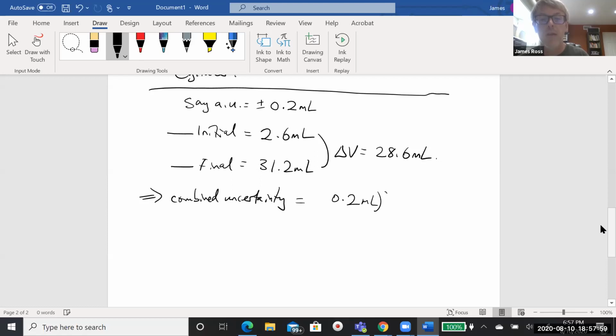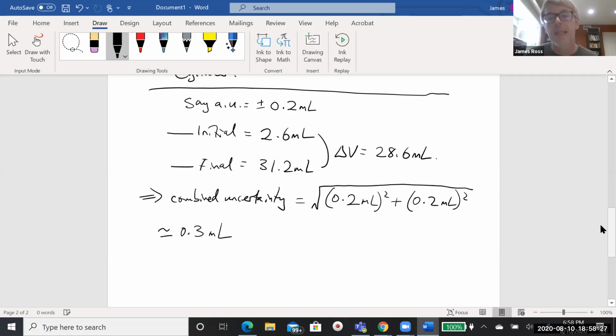We're going to square that for the initial value. We're going to do the same for the final value. We're going to add them. I'm going to take the square root of the lot. On this occasion, and I'm saying approximately equal to because we have to round because we're only allowed to give one decimal, this is approximately 0.3 mL.